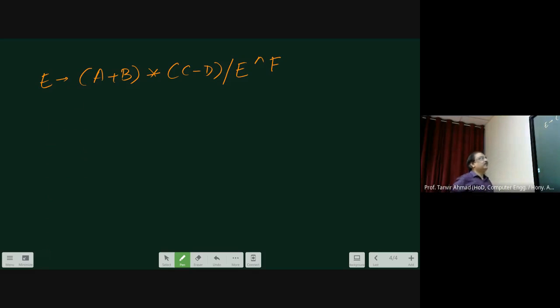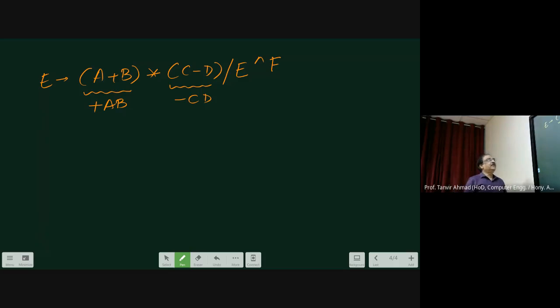Once you do left to right scanning, there are two brackets. This is the first bracket and this is the second bracket. But at a time, you can only do the first one. Therefore, this A plus B will become plus AB. The second time, you will do this minus CD.